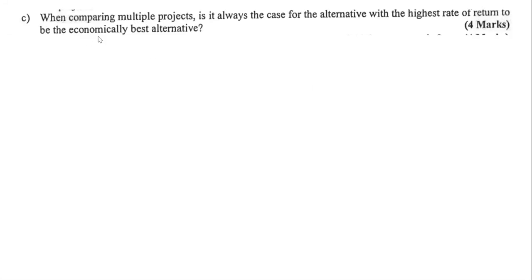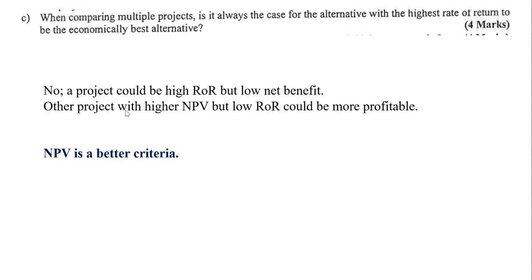Part C: when comparing multiple projects, is it always the case that the alternative with the highest rate of return is the economically best alternative? It's asking whether we always have to accept the project which has the higher rate of return. No. A project could have a high rate of return but low net benefit. Another project could have a higher net present value but a low rate of return, and that could be more profitable.